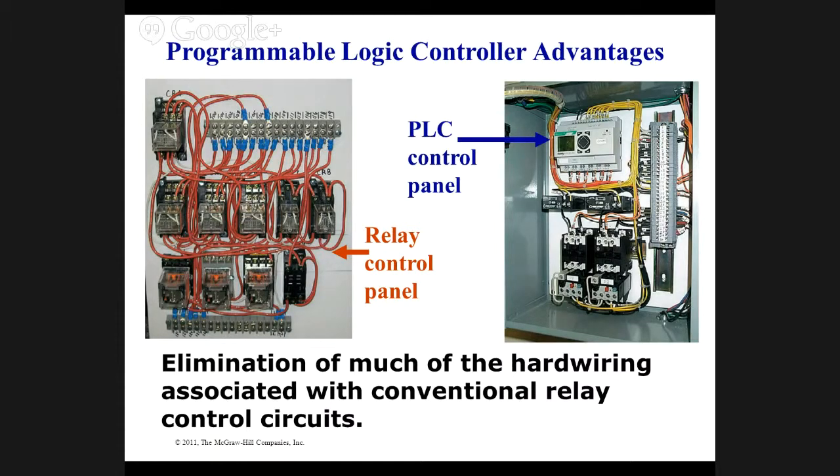All of these relays will fit in the small box on the right at the top corner, the gray PLC right there. So that's what it replaces. Now there's a motor contactor and some I/O below there that's separate, but basically what they're saying is all the picture on the left is replaced by the small gray box on the right. So that's quite a huge space savings, plus it's much easier to troubleshoot. Okay?